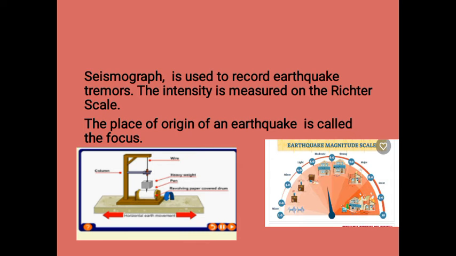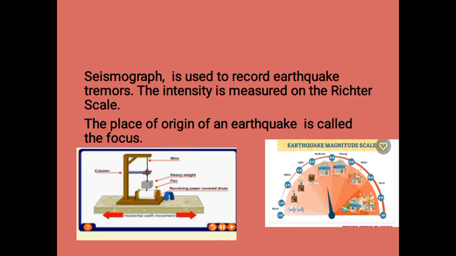The place of origin of an earthquake is called the focus. From where the earthquake starts, that place is called the focus. The point directly above the focus on the earth's surface is called the epicenter.